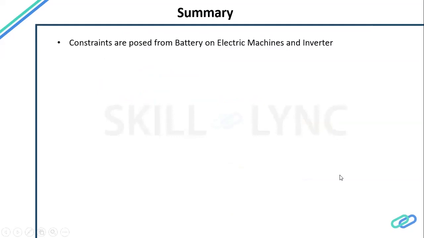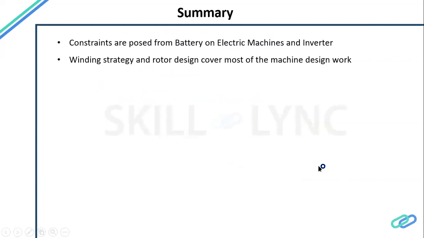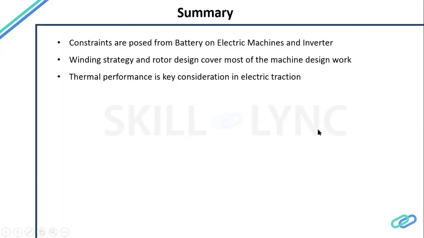We have to consider constraints from all directions: from the battery, from the inverter, what kind of winding strategy we should have, the rotor design. But rotor design and winding strategy is a bigger space in this whole design area, and harmonics is definitely something that we have to keep monitoring when we do trade-off analysis.